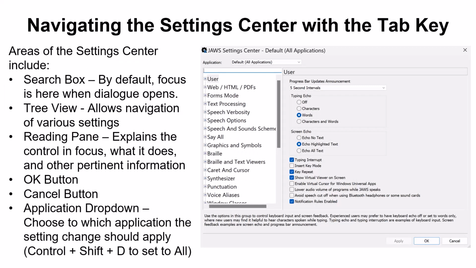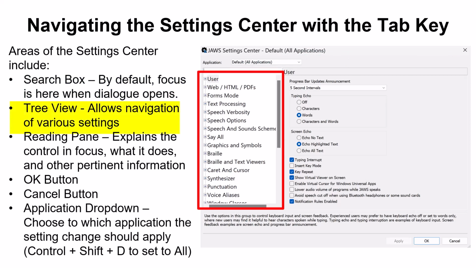Now that we've launched the Settings Center, we're going to learn how to navigate it. There are various areas of that Settings Center that can be navigated with the Tab key. By default, your JAWS cursor will land in the search box first, and you're going to navigate using that Tab key as usual. So when you press Tab, you're going to have focus in the tree view, and that allows navigation of various settings.